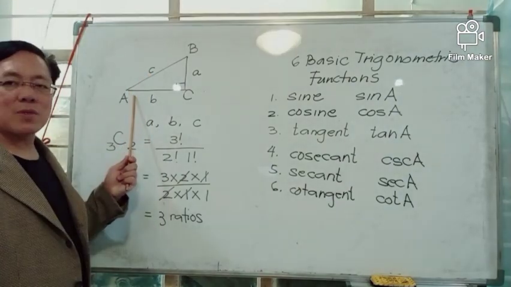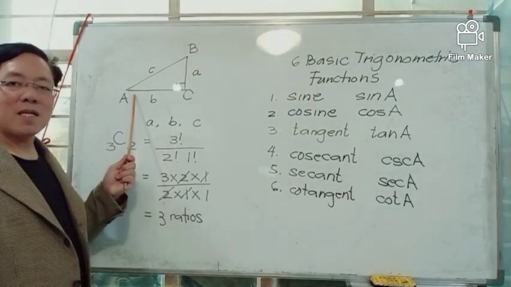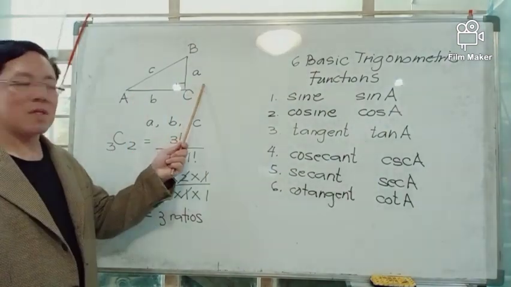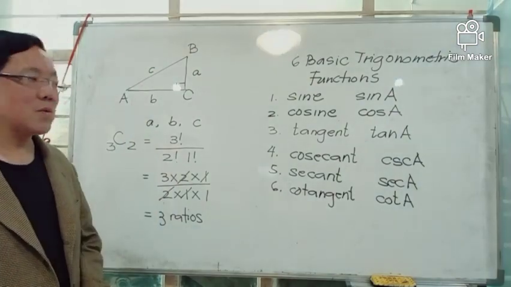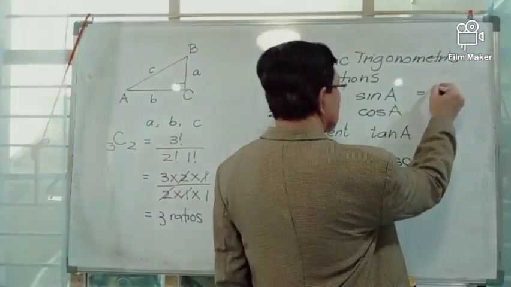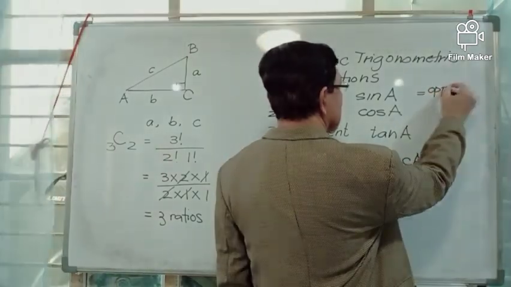Again, with reference to A, the sine of angle A is the ratio of the opposite to the hypotenuse.